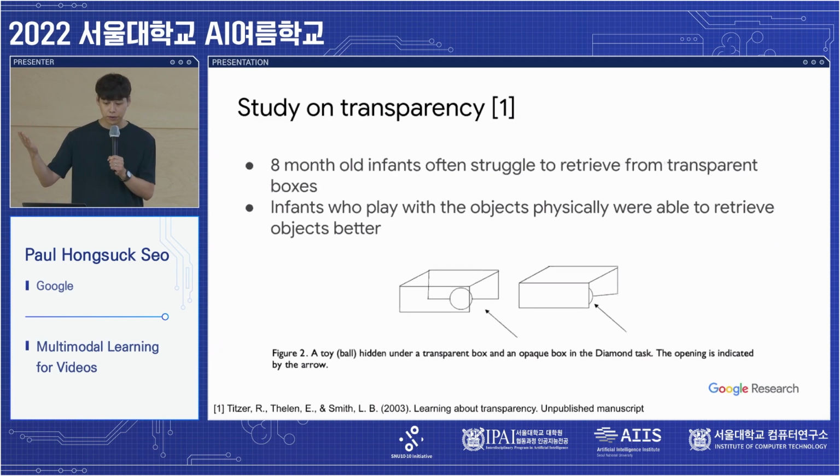Basically, 8-month-old infants often struggle to retrieve objects from transparent boxes. When they are asked to retrieve a circular ball contained in a transparent box, infants who had played with those transparent objects before actually learned to retrieve it quicker.